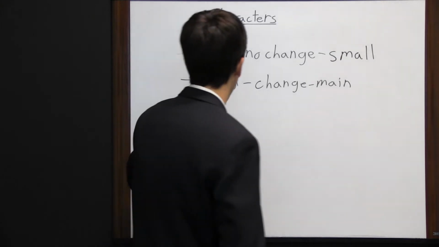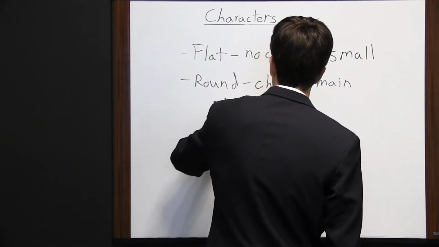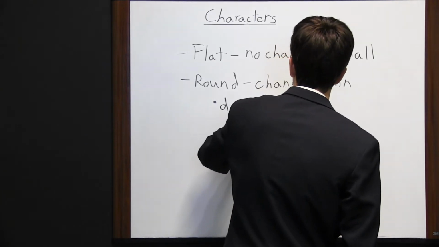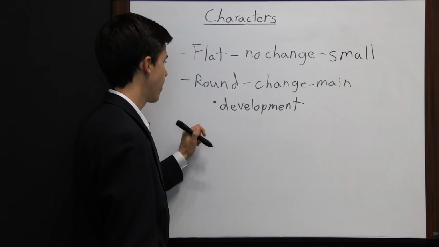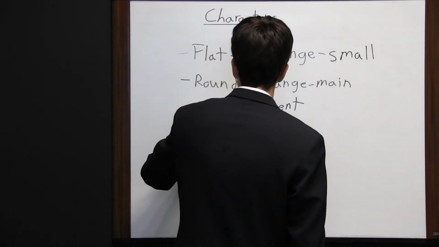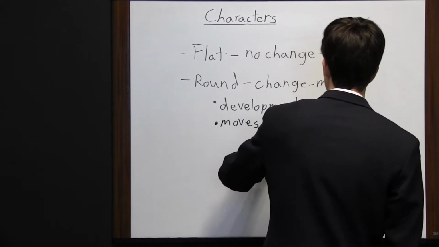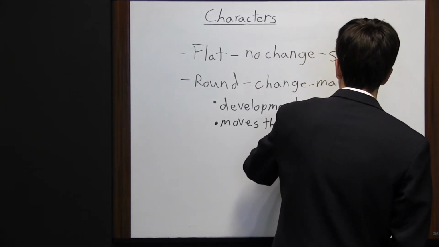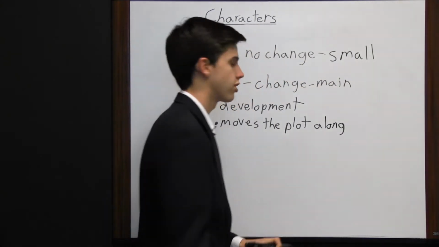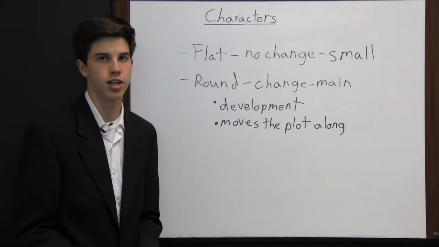So when we're talking about round characters, you probably heard me use the word development. And that's what authors try to do with round characters. They try to develop the characters, and it's the development of the characters that moves the plot along. If the characters stay the same throughout the entire story, then the plot's not very interesting because the plot's not going to progress very much.